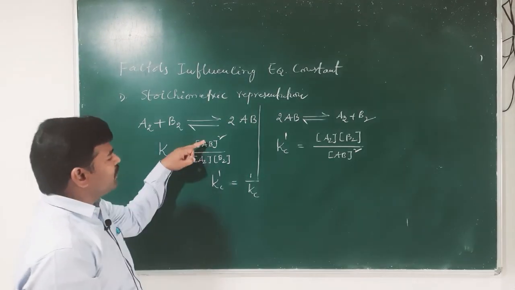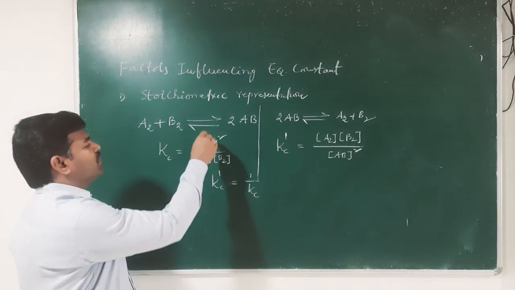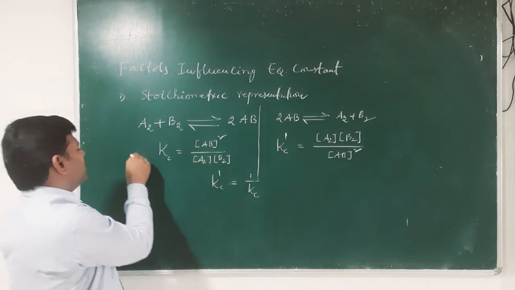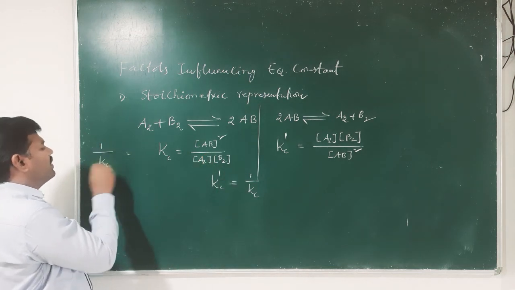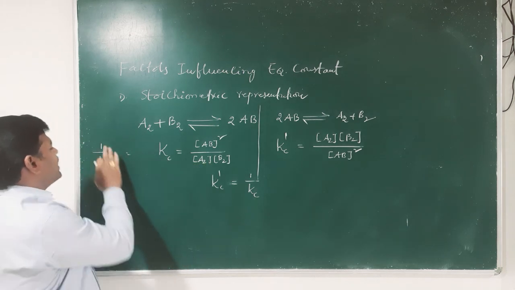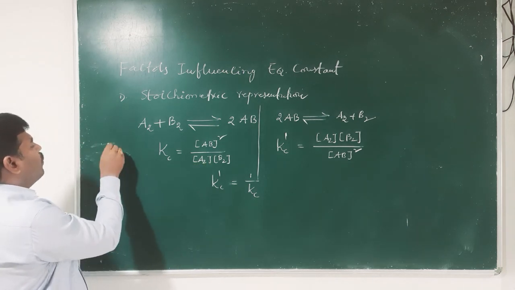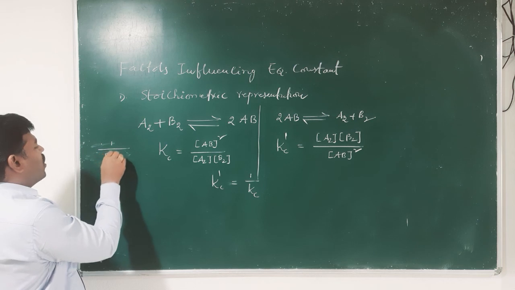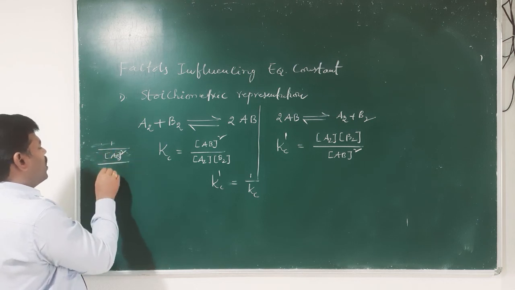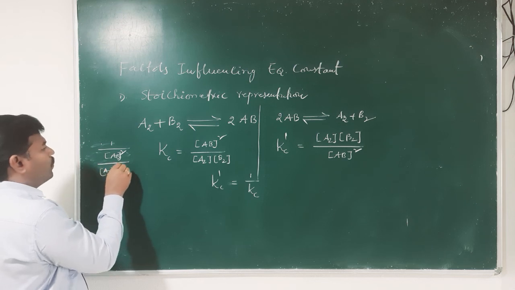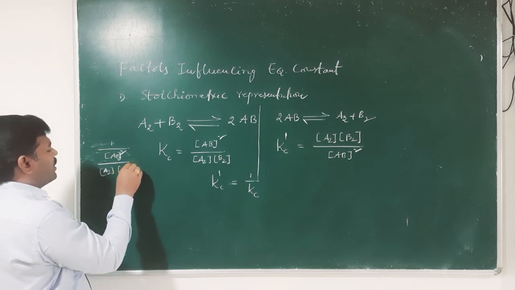For example, if you write 1 by Kc, then this goes to 1 by concentration of AB square by concentration of A2 into concentration of B2.